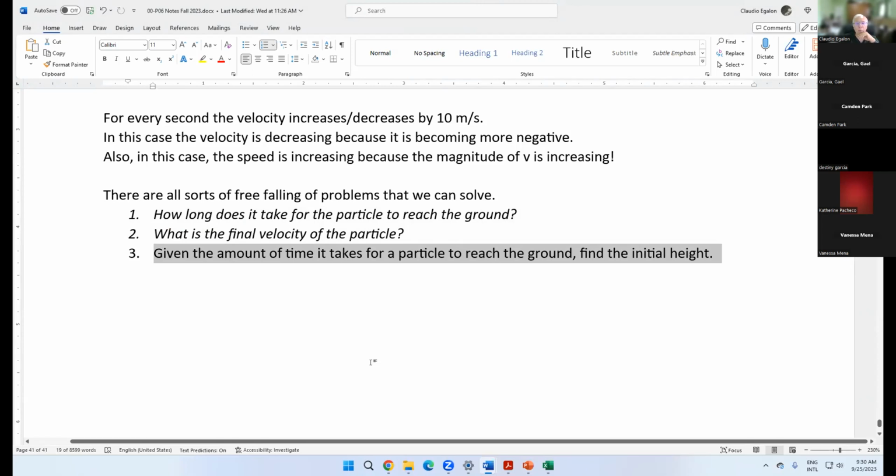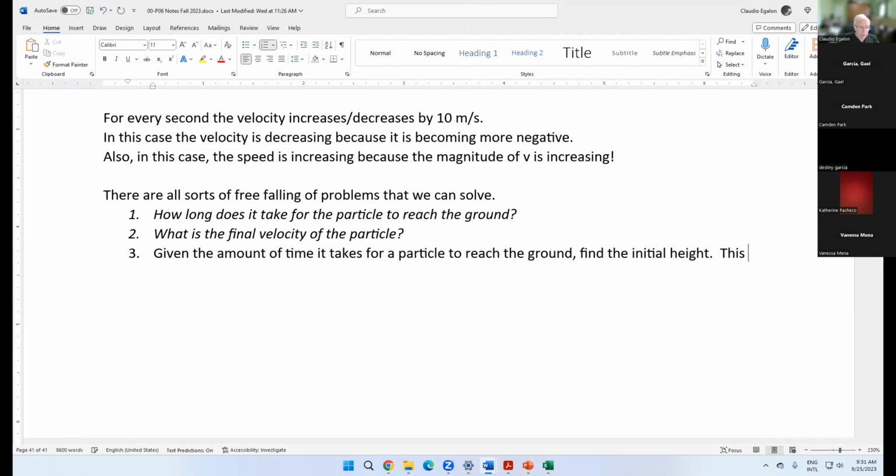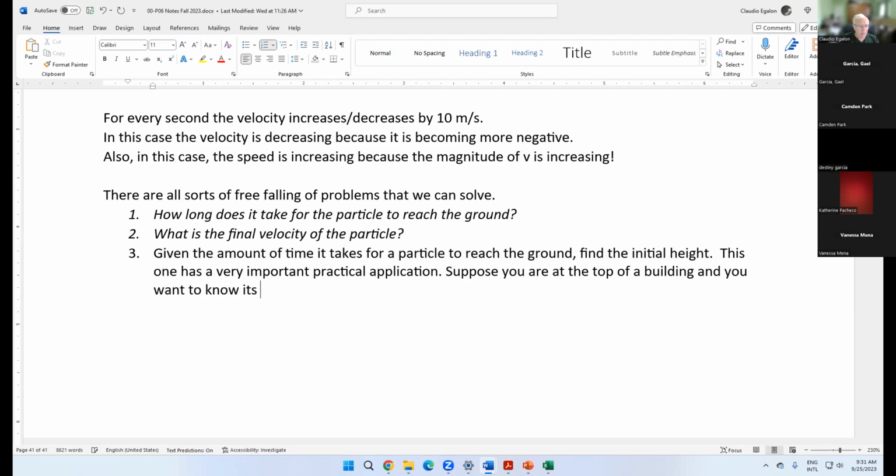Suppose that you're at the top of a building and you want to know the height of the building.